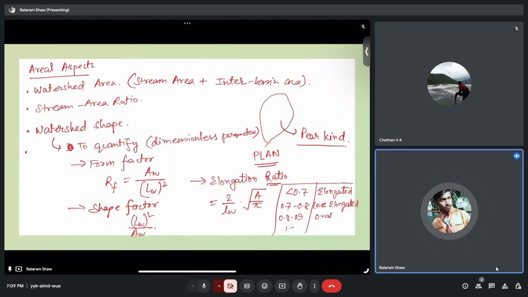And if it is 1, then this means what? It is a circle, because the diameter will match the maximum watershed length, right? So as you move up, it becomes less and less elongated, and at the end, as per the definition, it will become a circle. Correct? Other than that, we have several other areal aspects like circularity ratio.